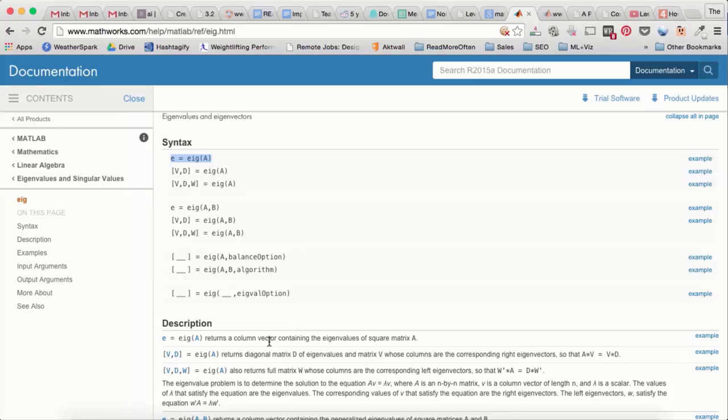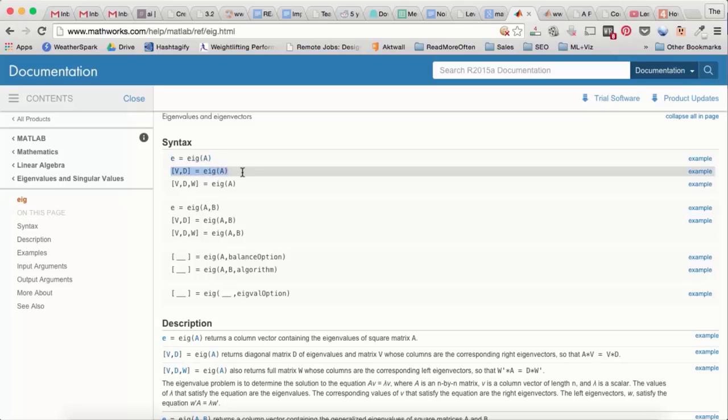And the Matlab documentation says e contains the eigenvalues of the matrix A. But say I want the eigenvectors also. And so you can see these different function signatures.